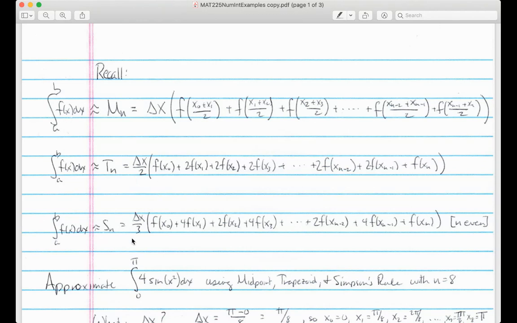Then the Simpson's approximation, I didn't discuss this in any real detail in class when we last met, but what we're doing is using little parabolic arcs.